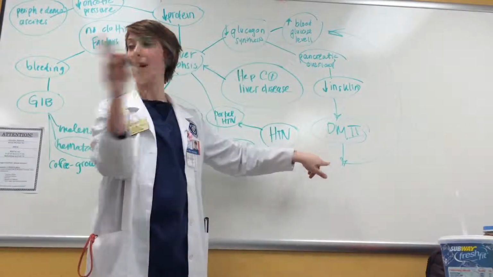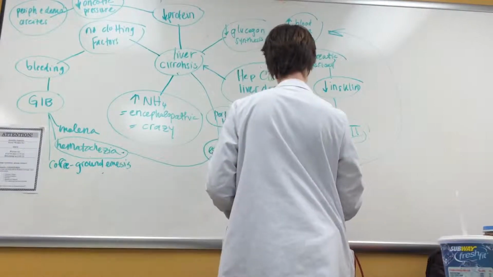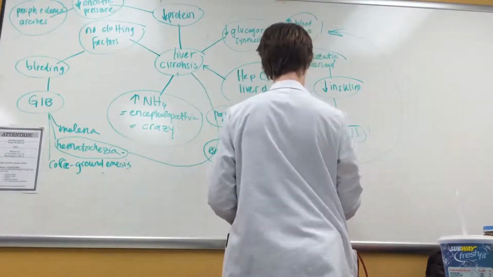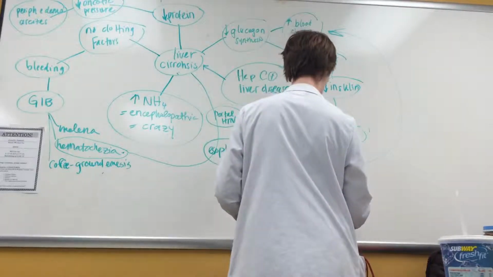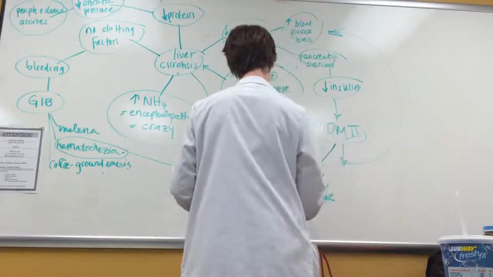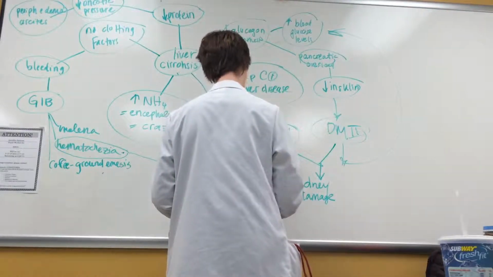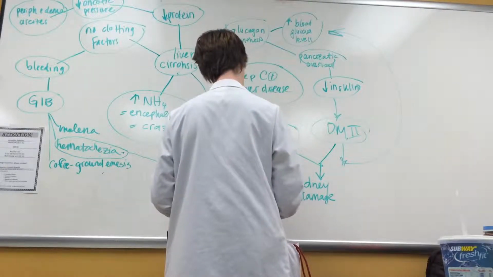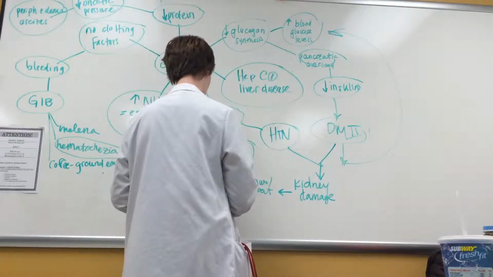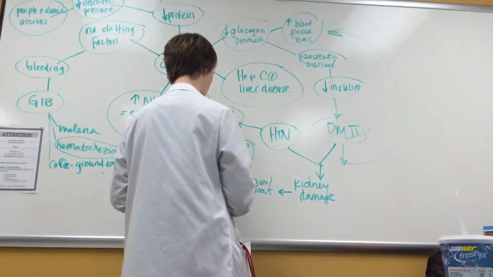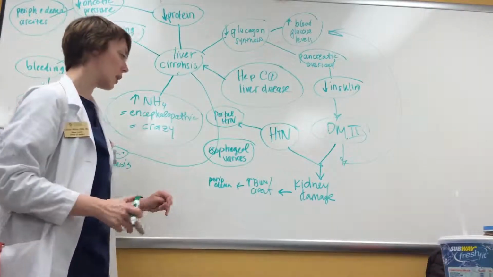They hurt the kidneys. Kidney stones. You guys don't watch Friends. You don't know what that is. Okay. Kidney damage. Which leads to elevated BUN and creatinine. More peripheral edema, more fluid overload, right?